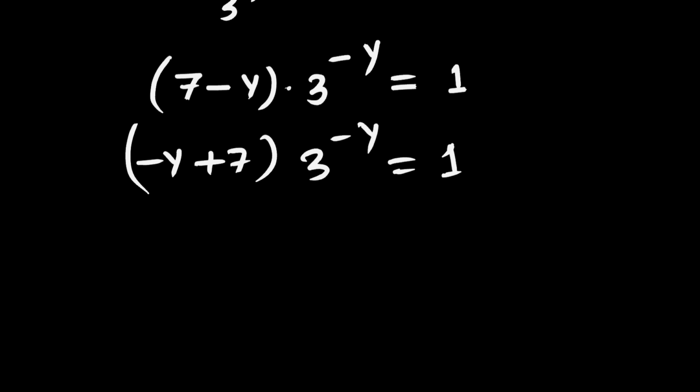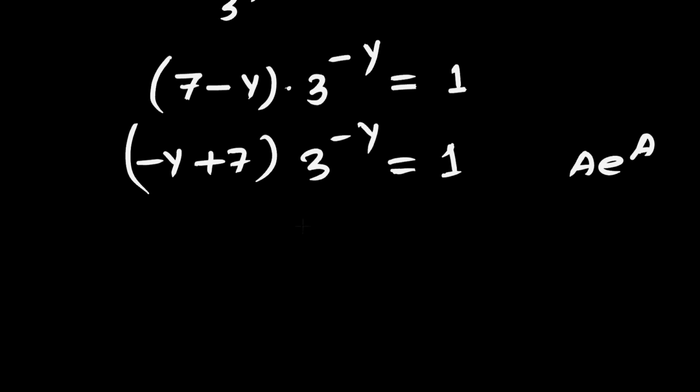Now here's where things start getting interesting. My goal is to transform this equation into a form that looks like a times e to the power a. Because whenever we see that pattern, we can use the Lambert W function. So the question becomes, how do we create the same expression both outside the exponential and inside the exponential?